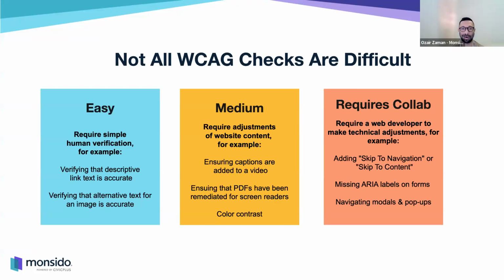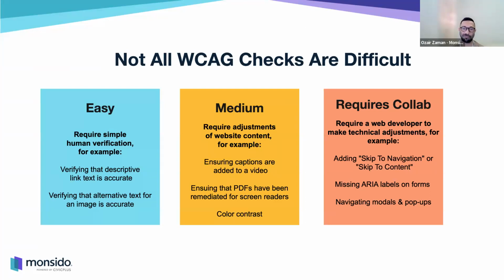A really good one, back to the basics that I always talk about, is the link. A good check is verifying that the descriptive link text is accurate. Does the link text provide enough context to the user who is going to the next page or downloading a document? That's really easy to do.